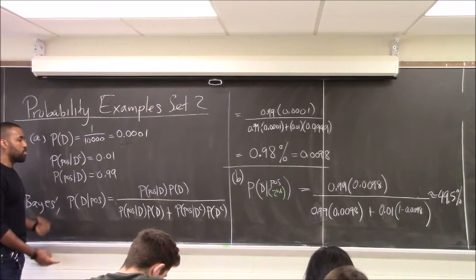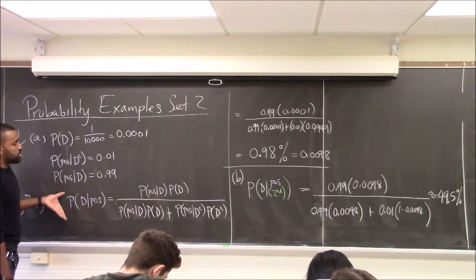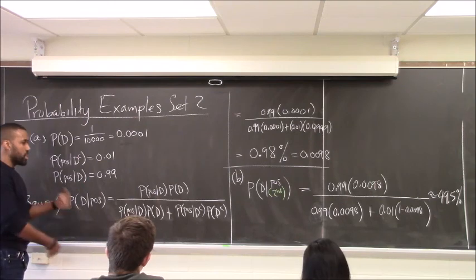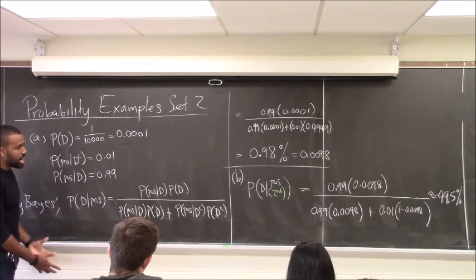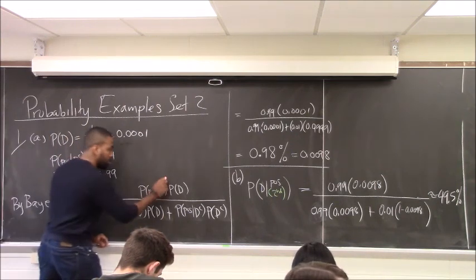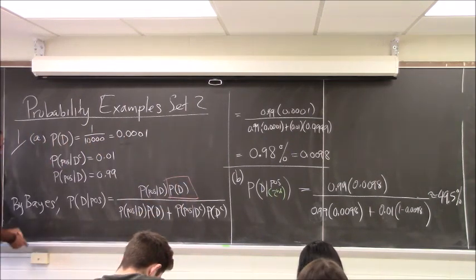Because we know that probabilities get updated upon new information, this Bayes formula is really meant to be used in reiteration purposes, right? So there are times when you might not know a certain probability, for example, the probability that this guy that walked into the office has the disease.